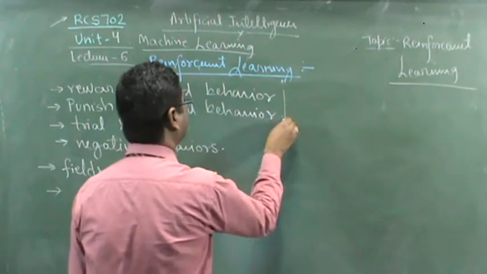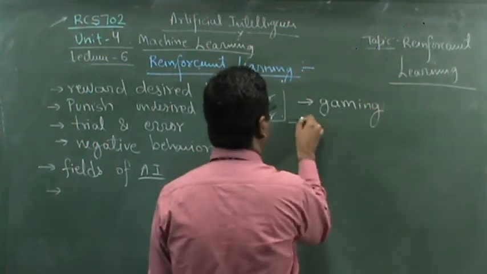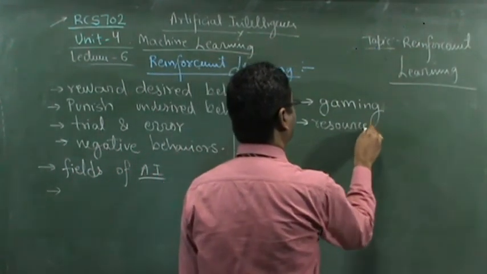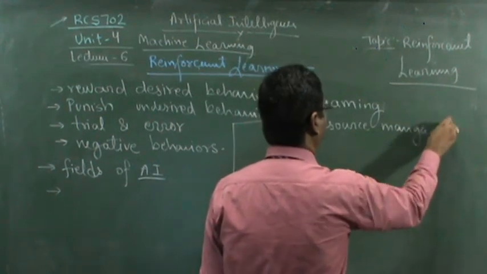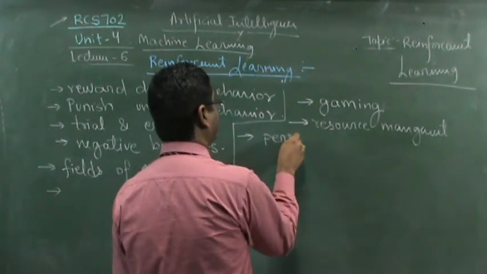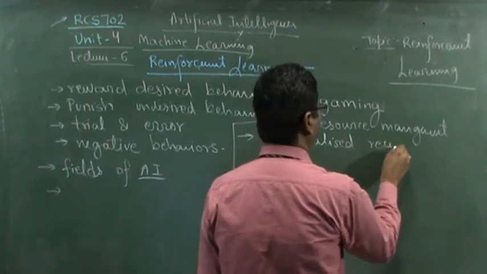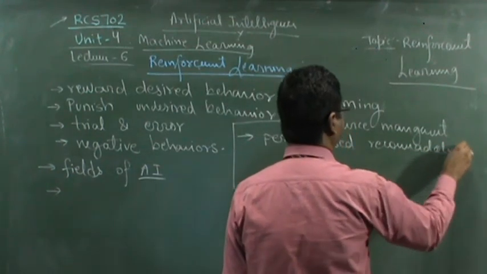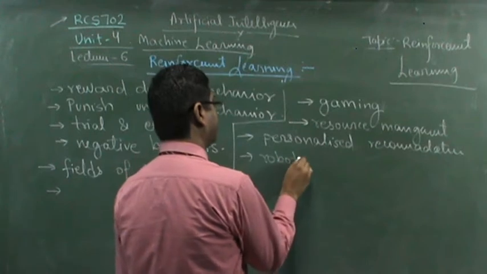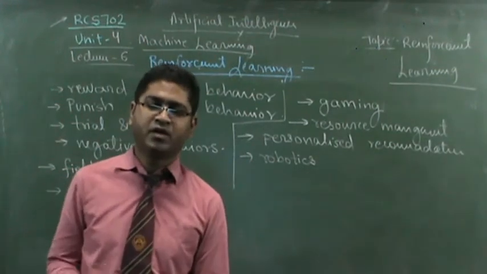We can use this technology in gaming, then resource management, personalized or custom recommendations, then robotics. Gaming is likely the most common usage field for reinforcement learning.